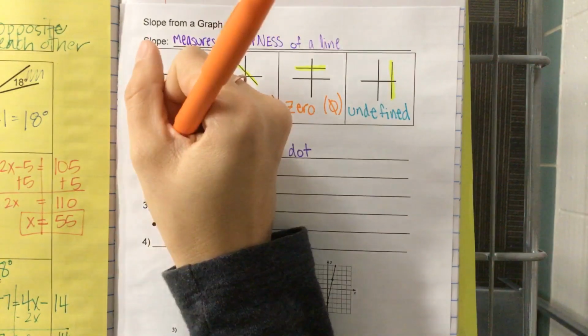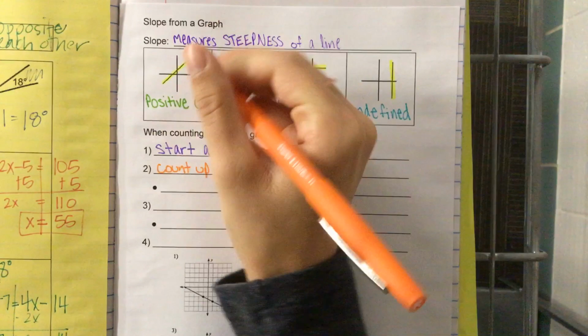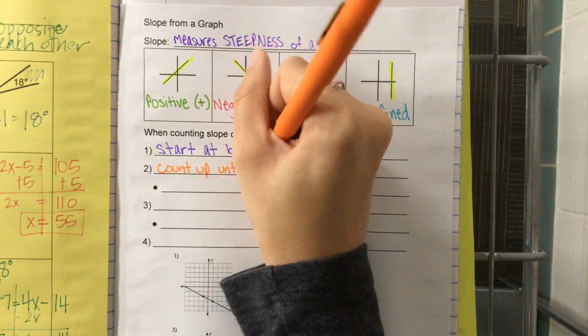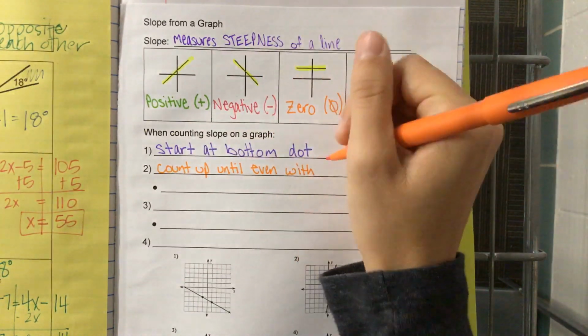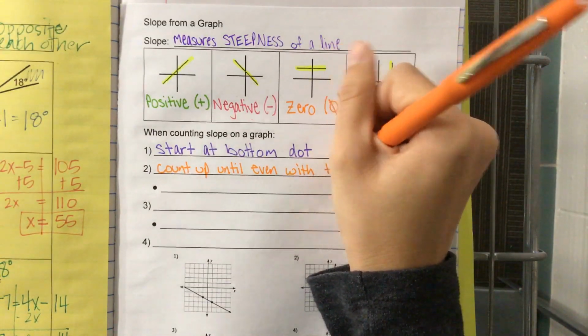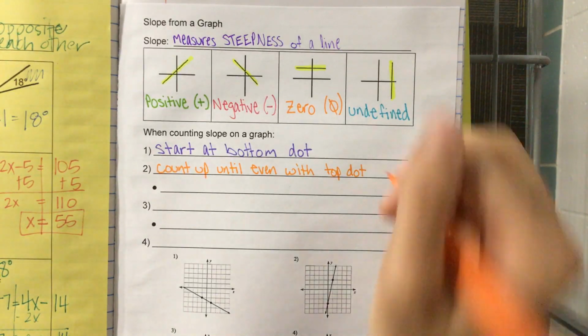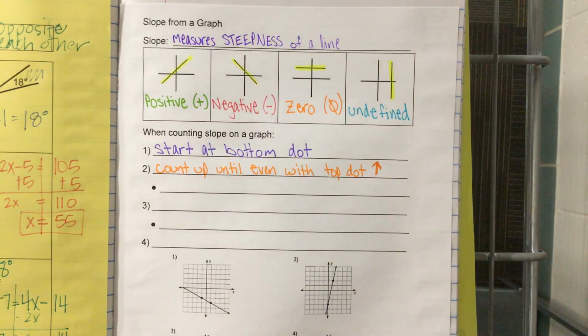Then you're going to count up until even with the top dot.